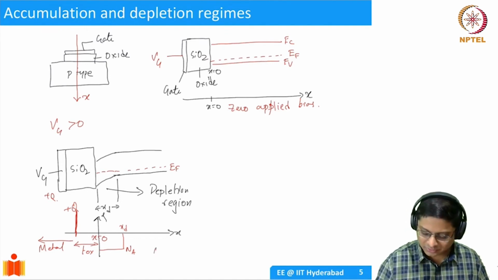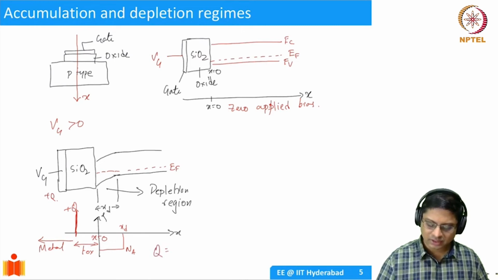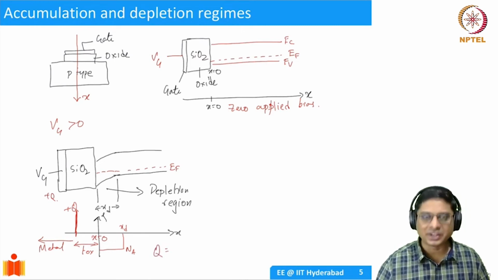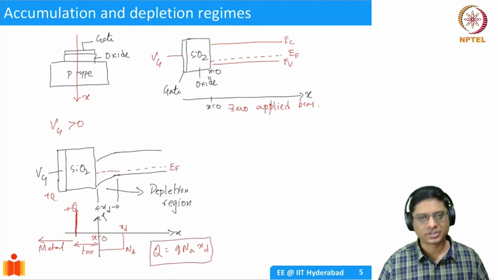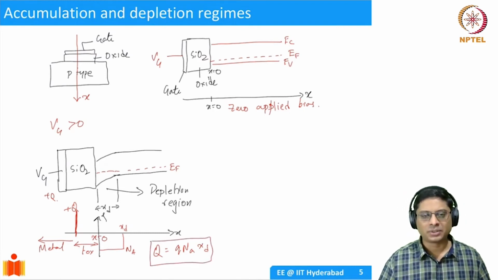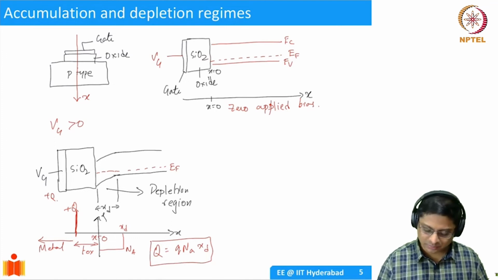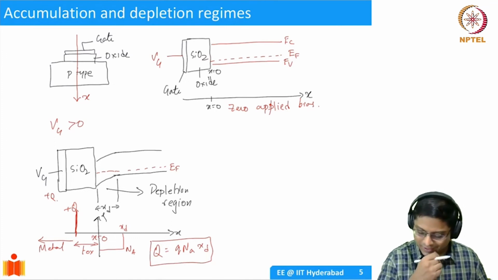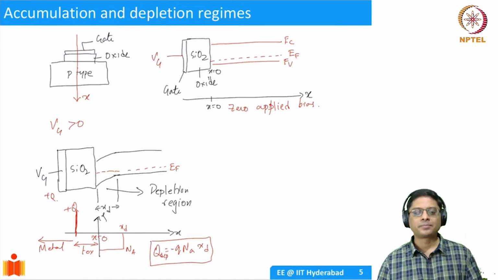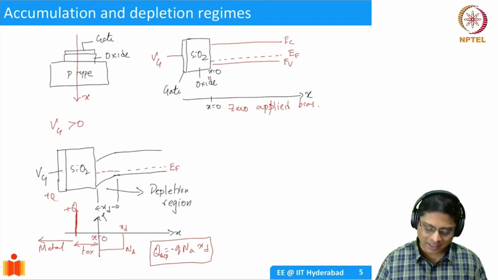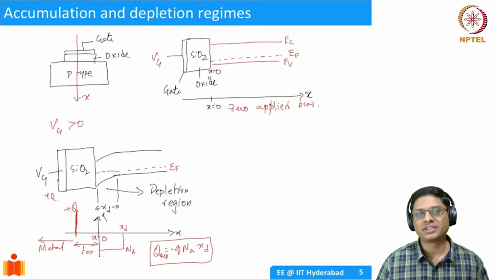So Q is going to be, in magnitude, equal to Q NA times XD. The total amount of depletion charge, right? Well, depletion charge is negative, so on the positive side you have this, okay? If you want to write Q depletion, then you need to put a minus sign here. Okay. So these are my bands when I am in the depletion regime.